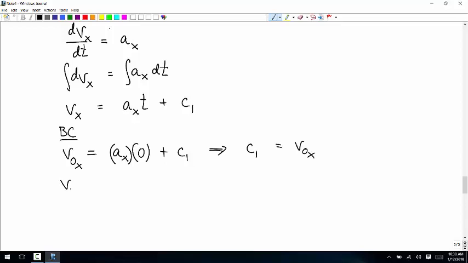And so as a function of time, the x velocity is, I'm going to just reorder the terms so it's in the form that you see most often, v0x plus ax t. Okay, and you could integrate again, use separation of variables again to derive the position function for constant acceleration.